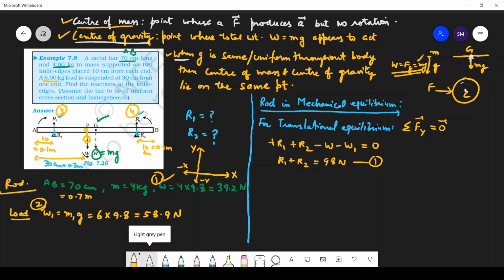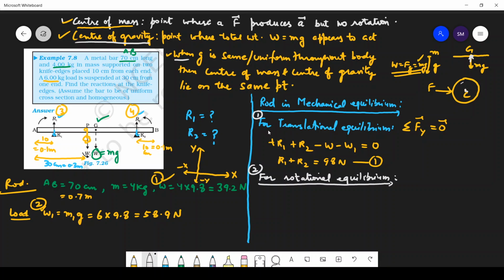Now for rotational equilibrium, because mechanical means translation as well as there is no rotation. So first translational and then rotational.